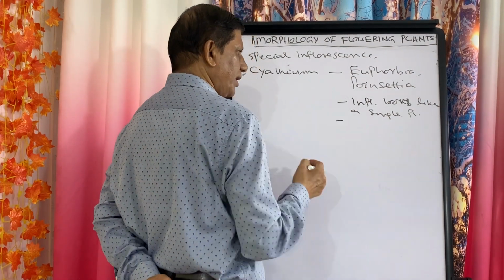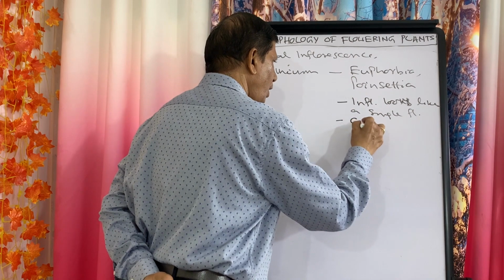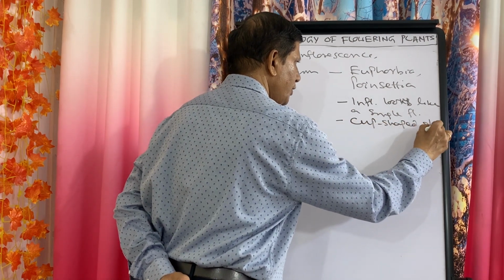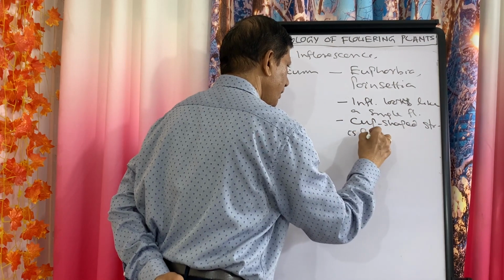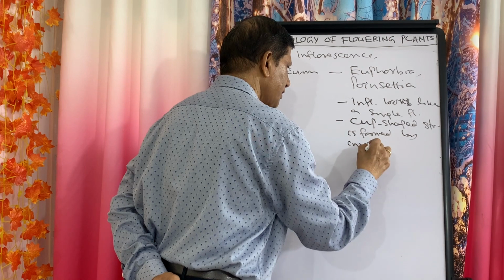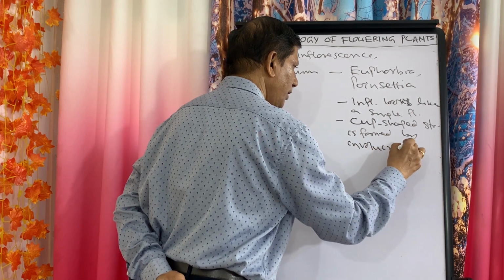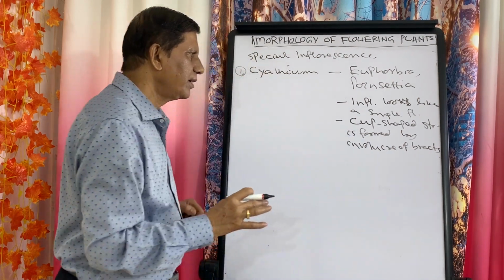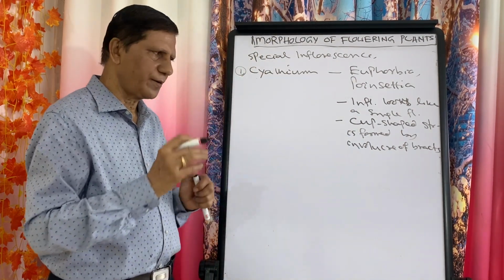Then the cup-shaped structure is formed by an involucre of bracts. That means so many bracts are combined together to form a cup-like structure.